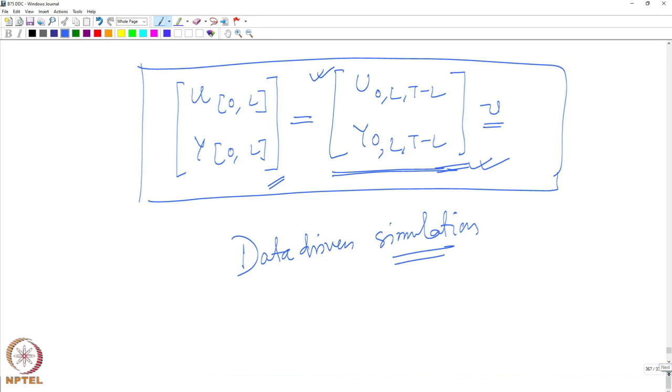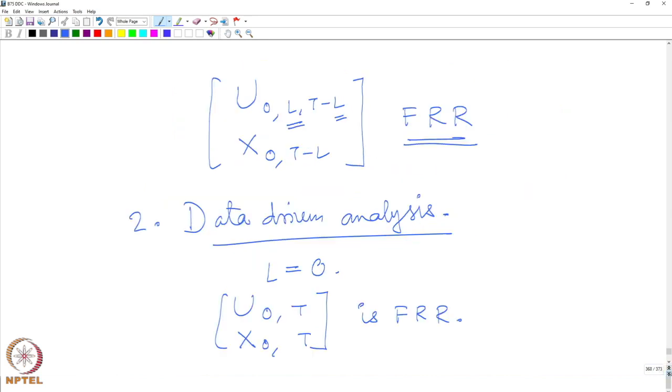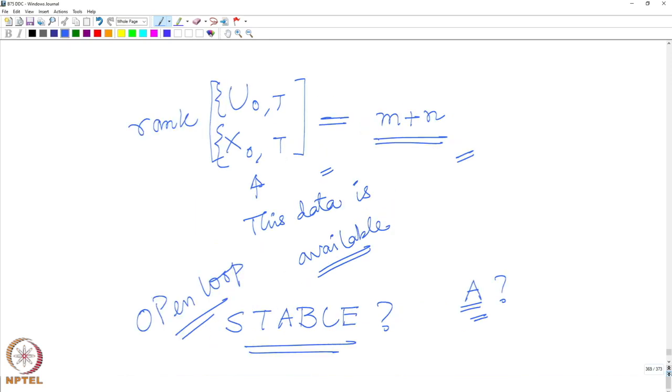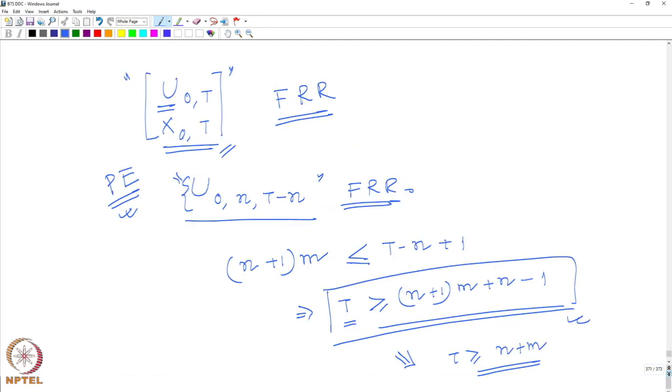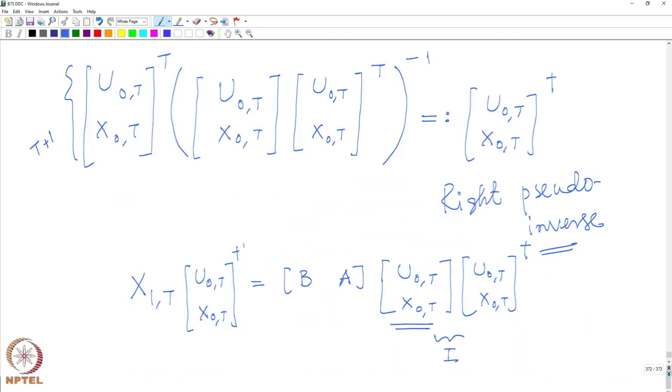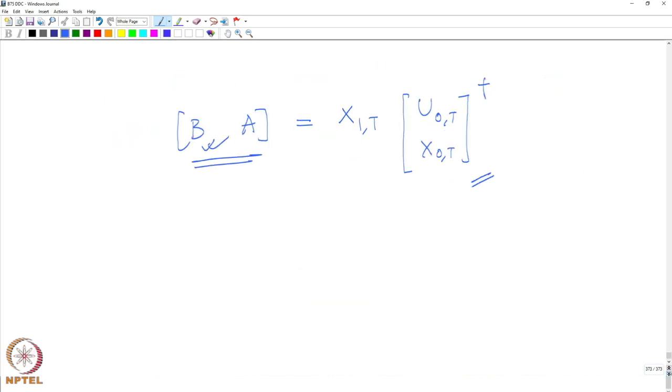So, n plus 1, in this case L is equal to 0. Therefore, we are beyond the saturation point anyway. Because we are beyond the saturation point, it is possible for us to identify the system. So, that is why we have been able to identify this B A.